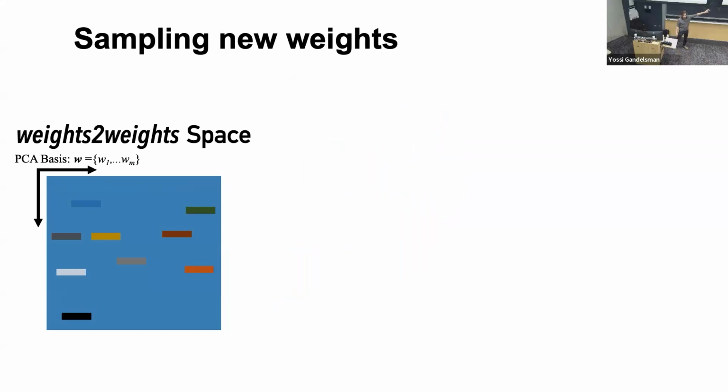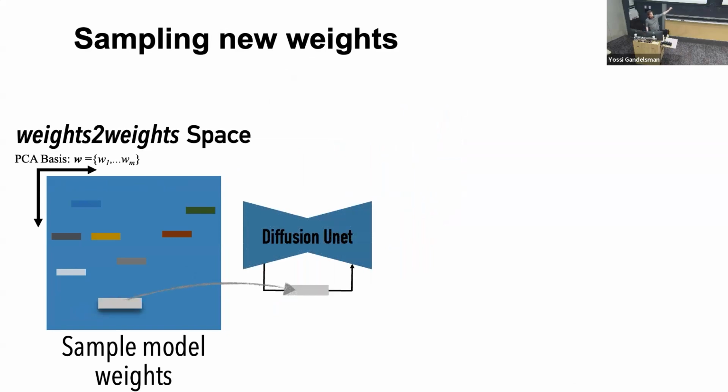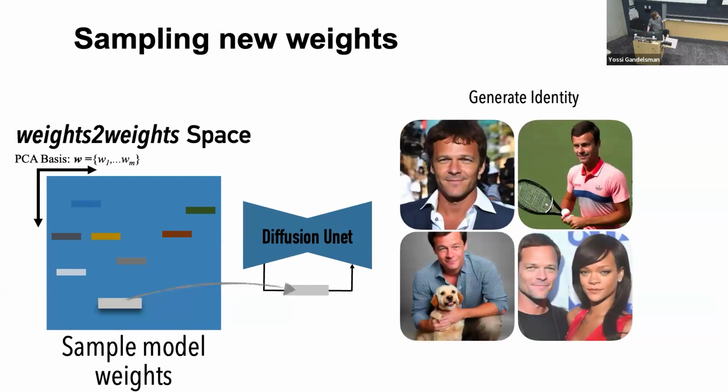So you can basically sample from this space a new set of weights. Now you can take this new set of weights and put it into the model architecture. And now when you sample from it, you get a new person that was not in the training data, right?